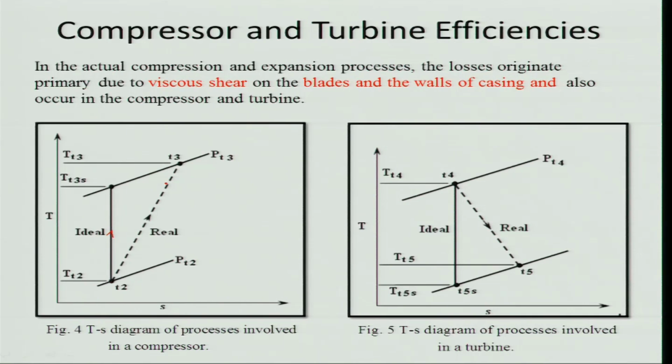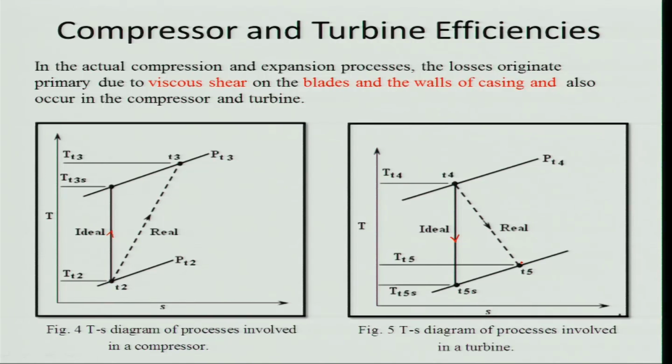And similarly, let us look at the expansion process in a turbine, that is from station TT4 to TT5. If you look at, this is the isentropic process, the vertical straight line, and the dashed line is for your real one, right. What is it indicating?